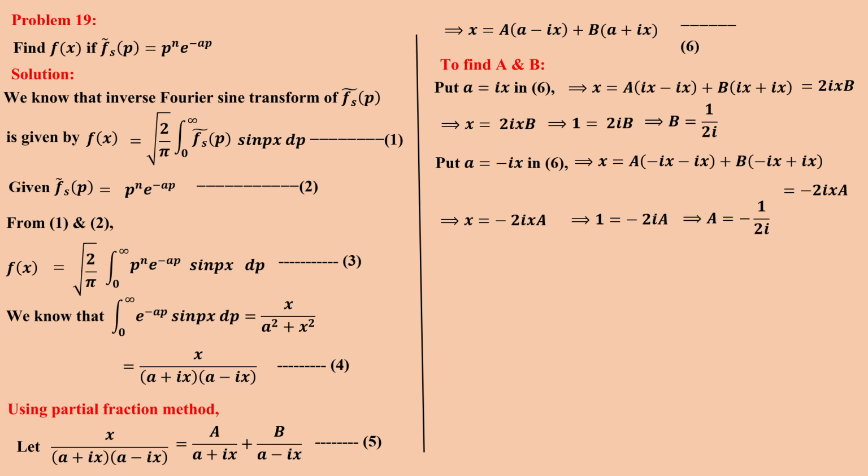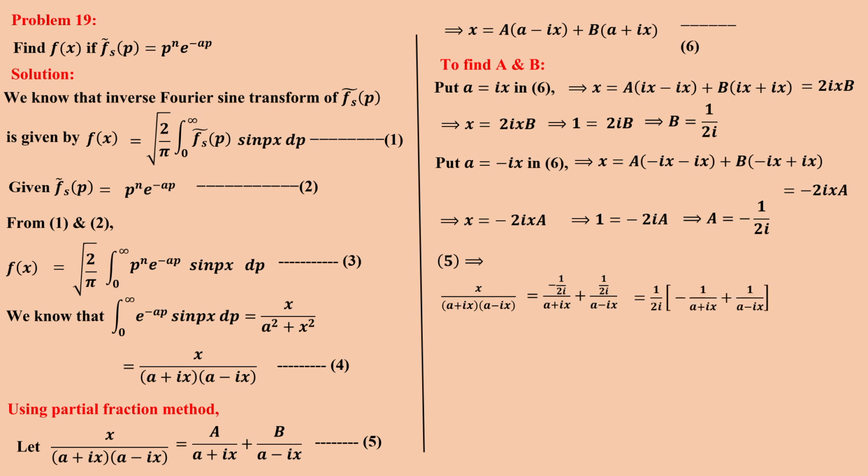So we are going to use the values of A and B in equation number 5. So 5 implies x by a plus ix into a minus ix is equal to, instead of A, minus 1 by 2i by a plus ix, and instead of B, plus 1 by 2i by a minus ix. 1 by 2i is common, take it outside.